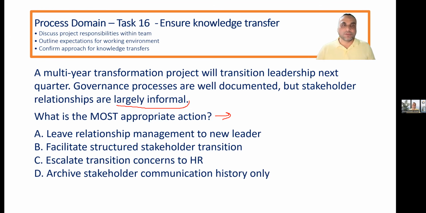My task as a project manager is to facilitate. Very good. You have done well here also.